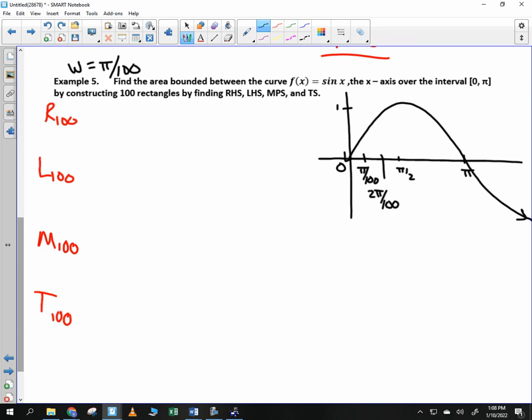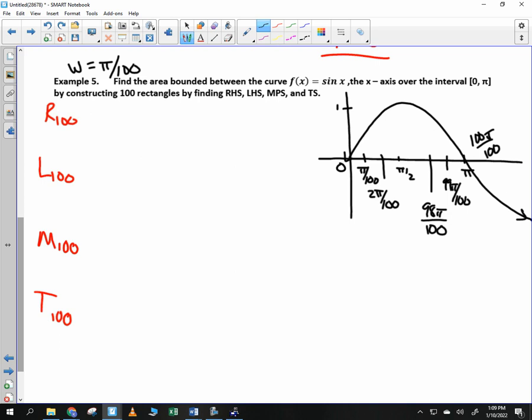I'm going to write 2 pi over 100, which, as Colin said, is pi over 50. Let's go all the way to the end. Isn't pi the same as 100 pi over 100? So what would be the one before it? 99 pi over 100. What would be the one before that? 98 pi over 100.